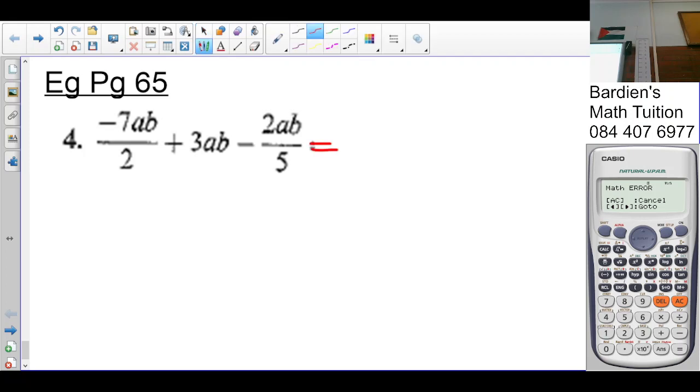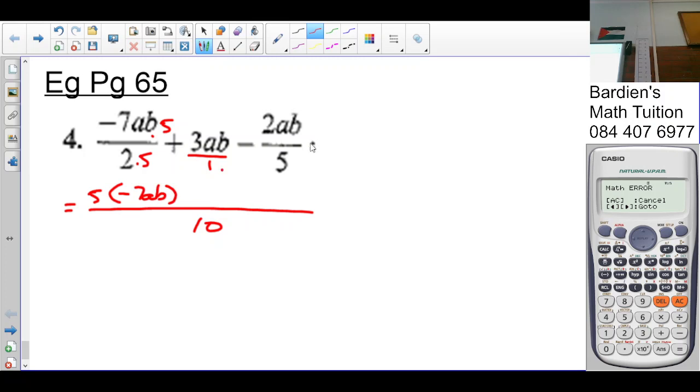We don't need to change anything here to improper fraction. Not so? It's already given in that form. So the LCM is 10. Okay. Now what? 2 must be multiplied by 5. So it's 5 into negative 7a. Times by 10. So it's 10 times 3ab. And multiply by 2. So it's 2 into 2ab.